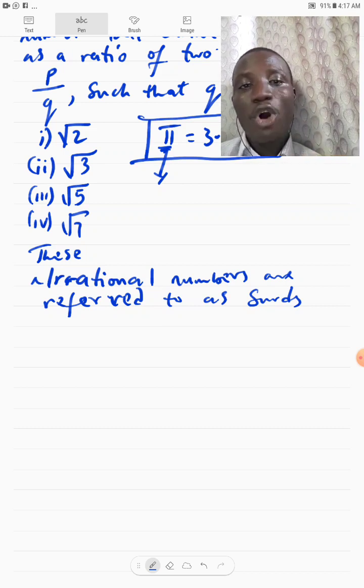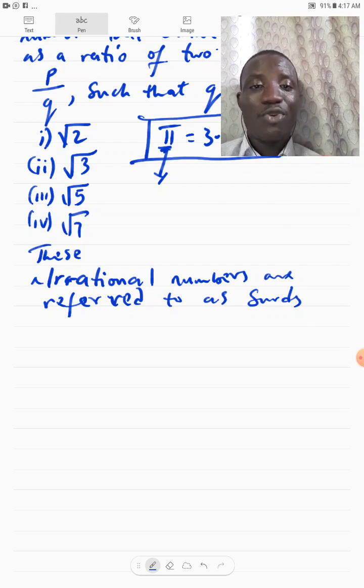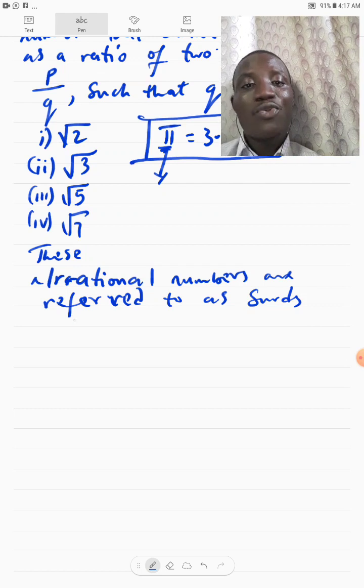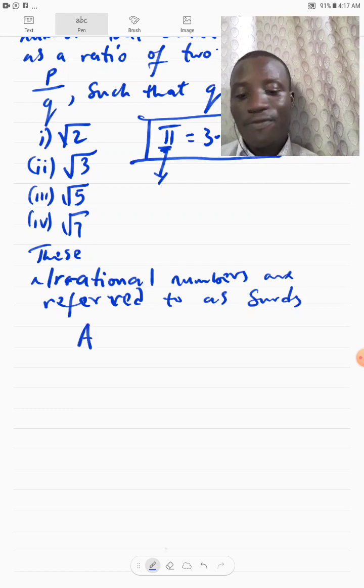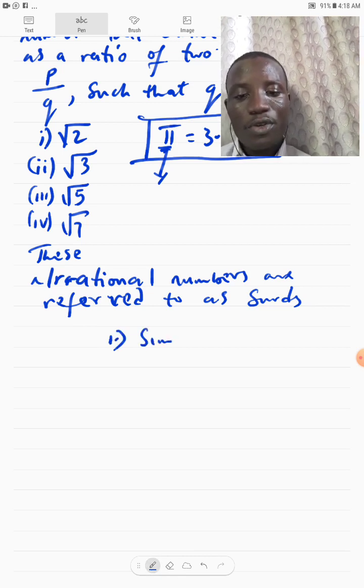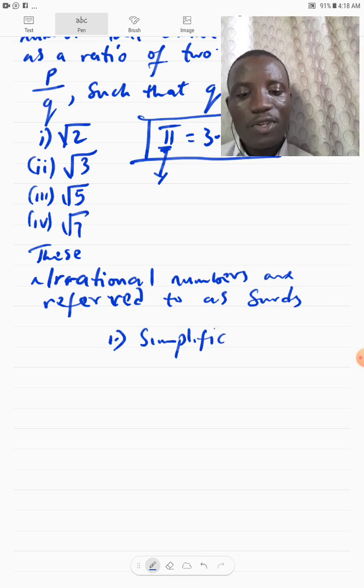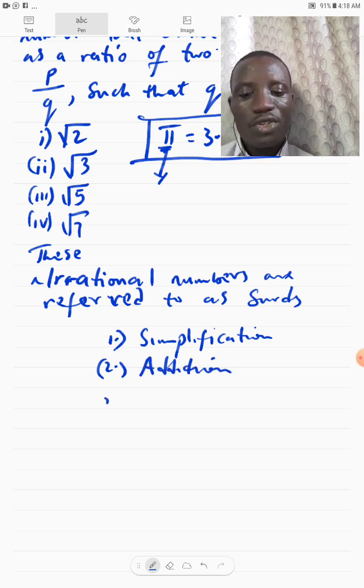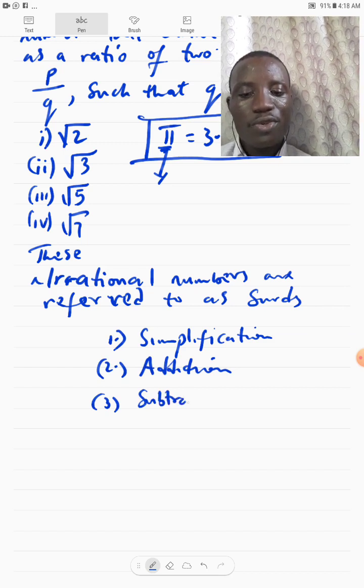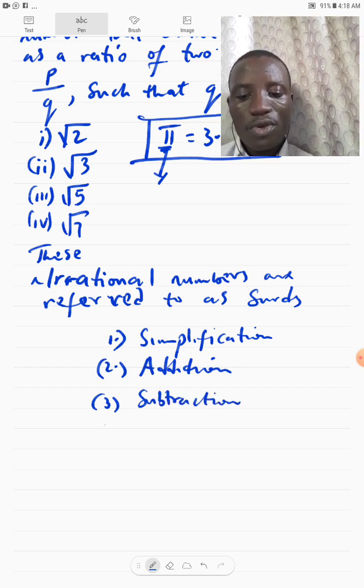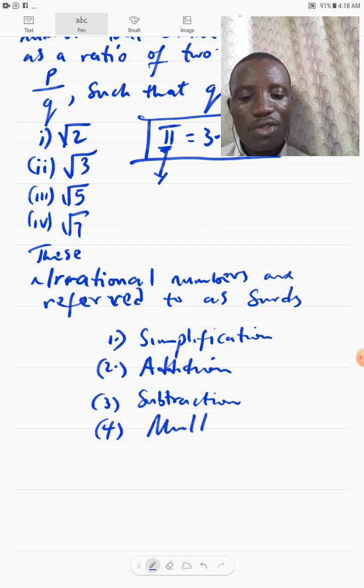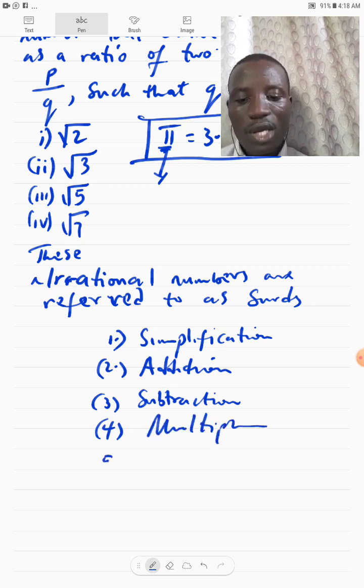In surds, we will perform the normal arithmetic that we normally do in math. In fact, before that, we are going to look at the simplification of surds. Then we are going to look at addition, subtraction, multiplication, and division.